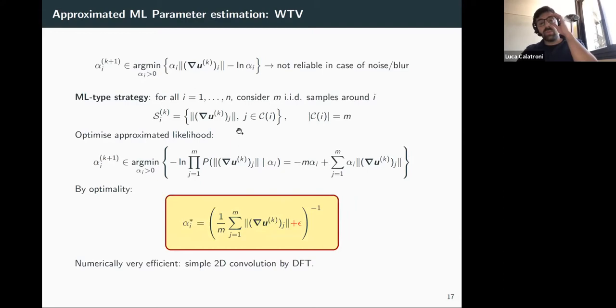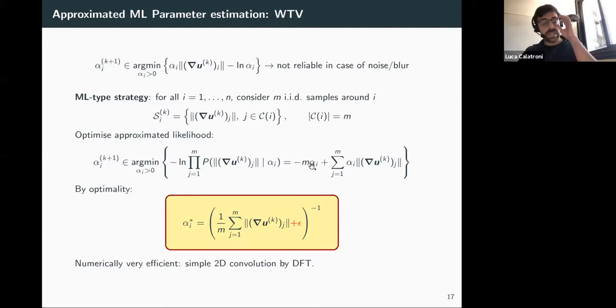That's why we prefer to use this maximum likelihood type strategy, where the idea is that for each point, we define a neighborhood of some fixed size, and you suppose to sample in this neighborhood from the very same distribution you want to estimate the parameter over, so that what you have here is a product of prior distributions defined in the neighborhood, so that finally you end up with this optimization problem to solve.